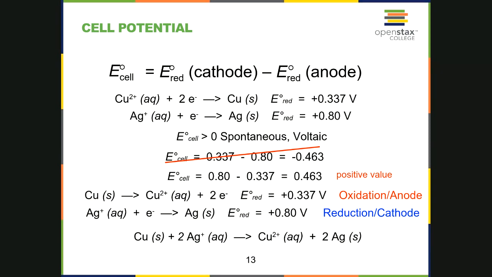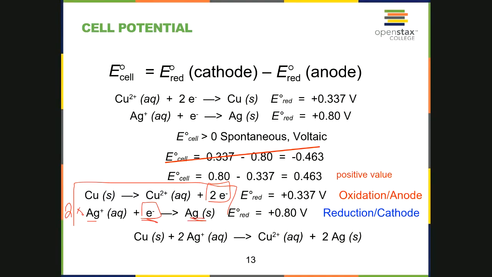Before we can do anything, we need to look at the number of electrons. And you see that for this first reaction, I have 2 electrons, but for the second one, I only have 1. So I'm going to need to take that entire reaction and multiply it by 2. So that I'm going to have 2 silver cations, I'm going to have 2 electrons, and I'm going to have 2 silver solids in my final result.